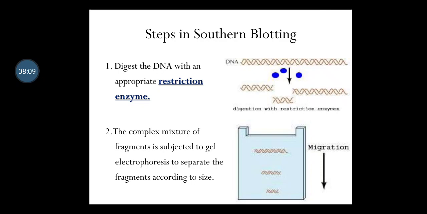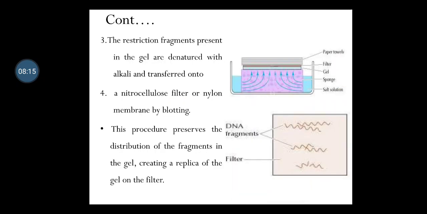The buffer moves up from the bottom of the filter paper by capillary action, and the DNA is trapped in the nitrocellulose membrane. This process is known as blotting.